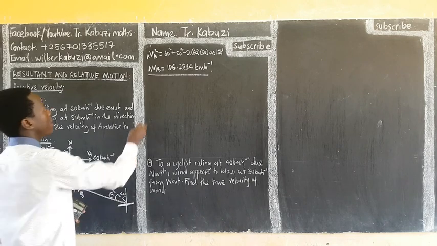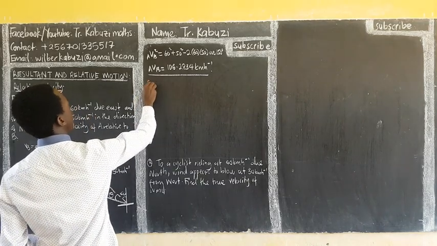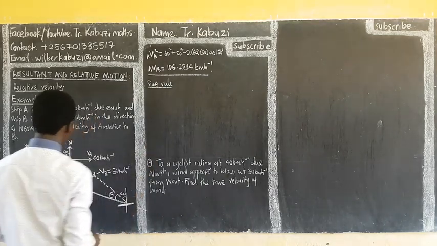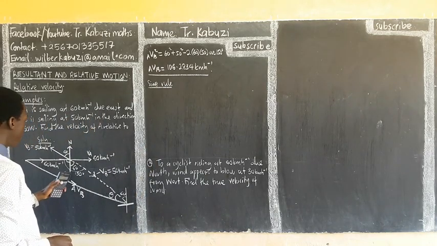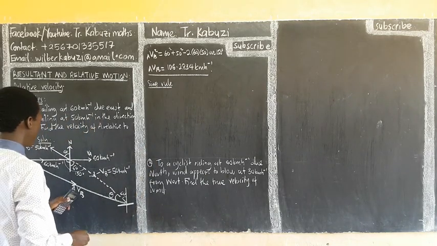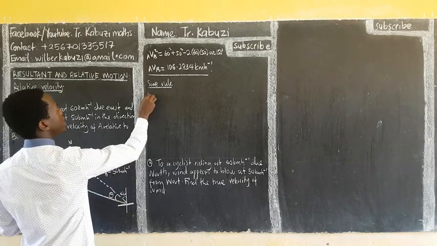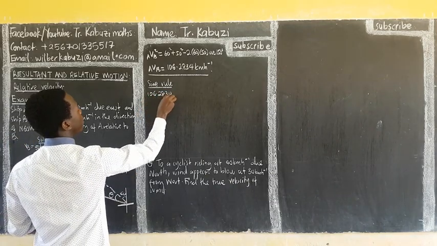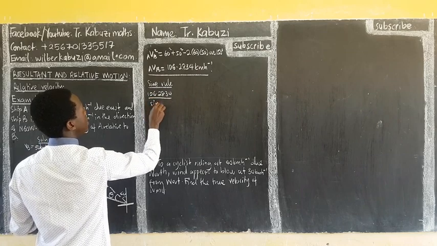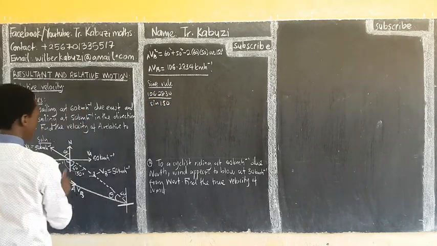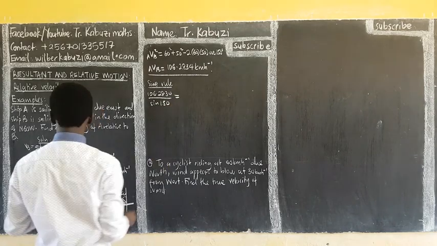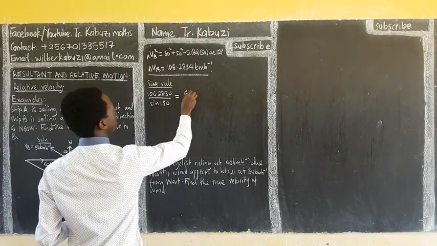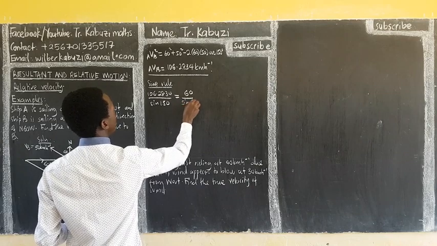From there, using the sine rule, we are going to apply our sine rule there. We shall see that we have 106.2834 over sine of the opposite angle, which is this, equal to the angle we want, so 60 over sine theta.